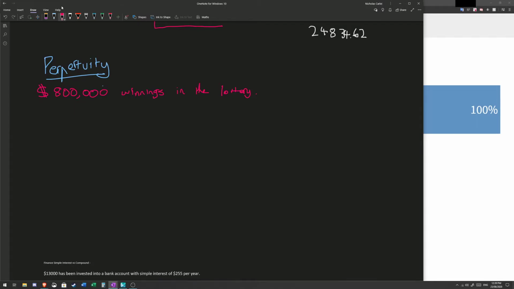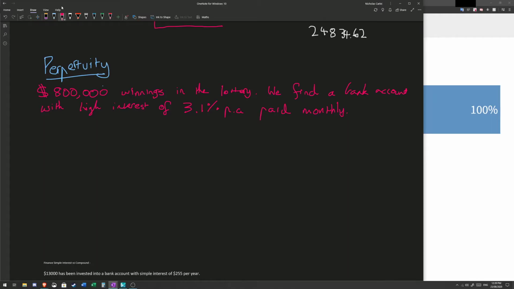So we find a bank account that pays us high interest, let's say, 3.1% per annum. And let's say it's paid monthly, okay?